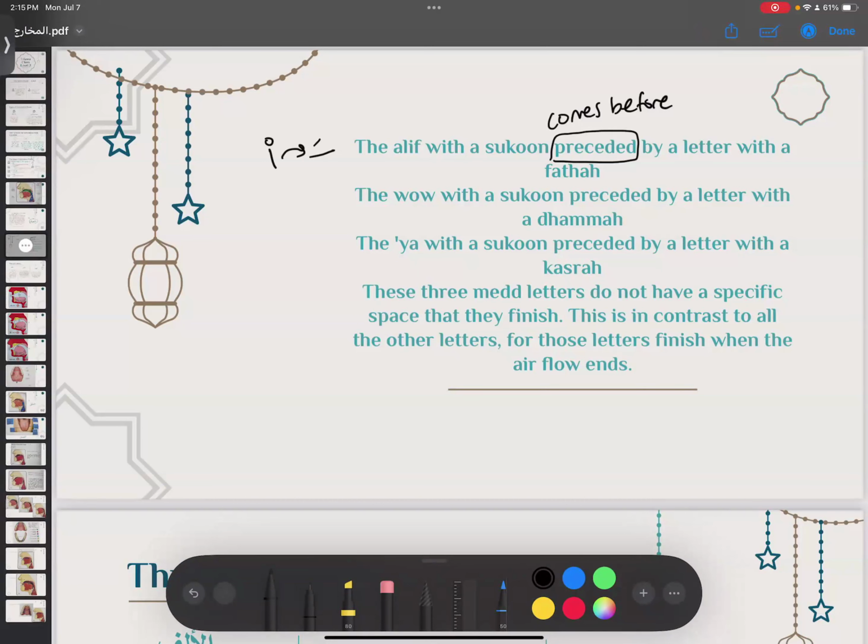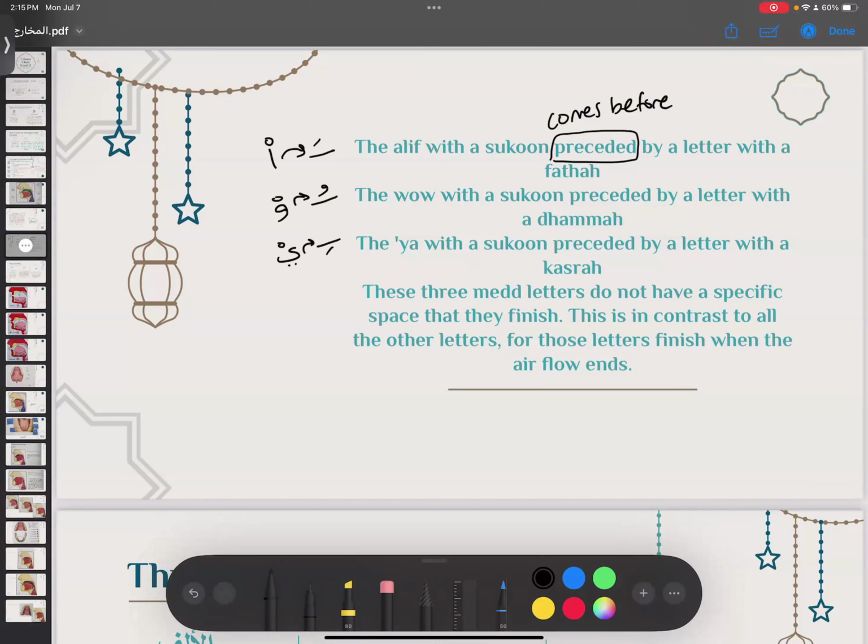And then the waw with the sukoon preceded by a letter with a dhamma. And then the ya with the sukoon preceded by a letter with a kasra.